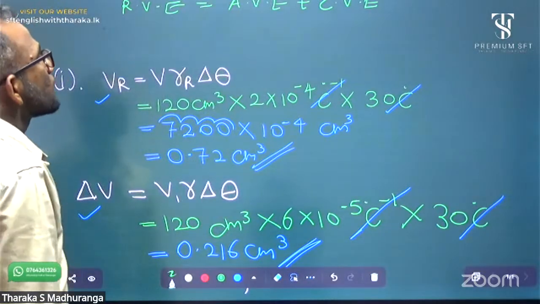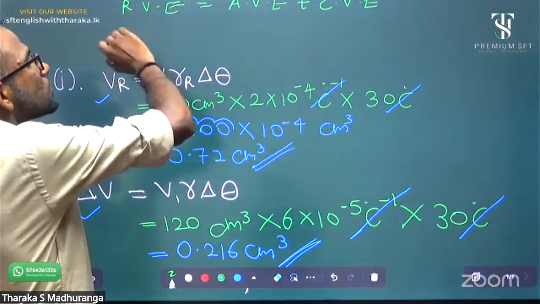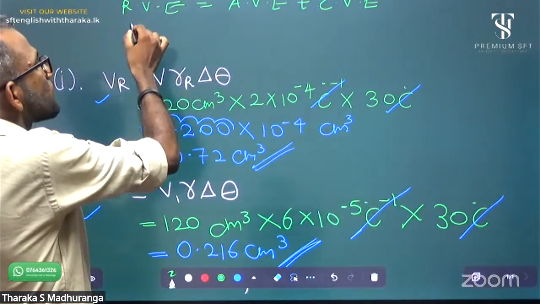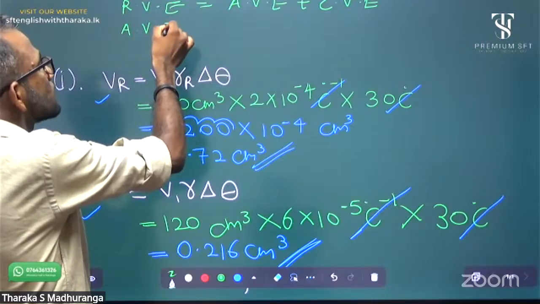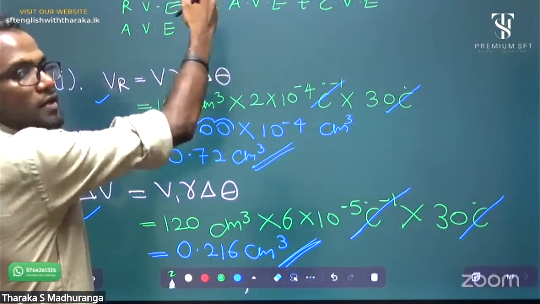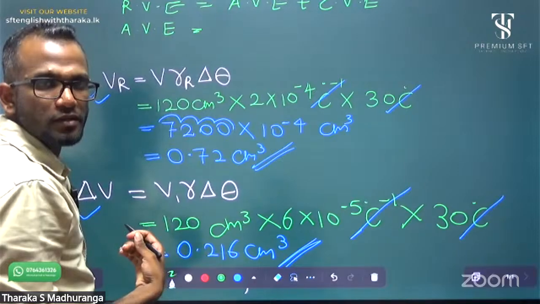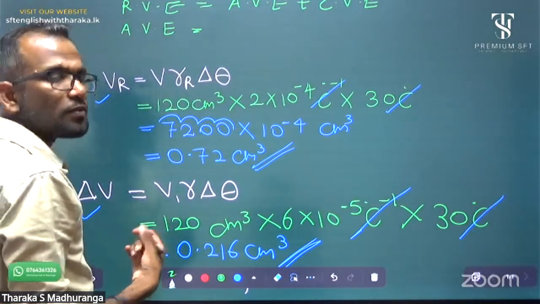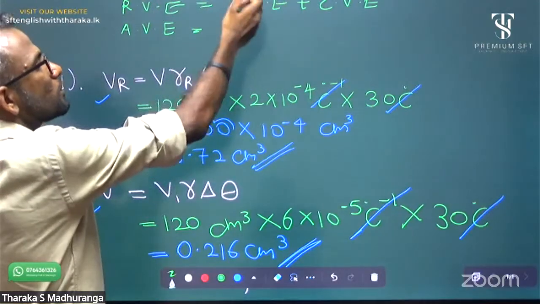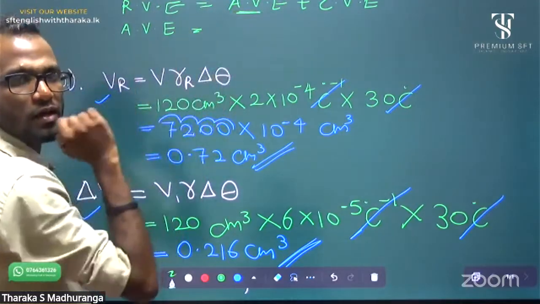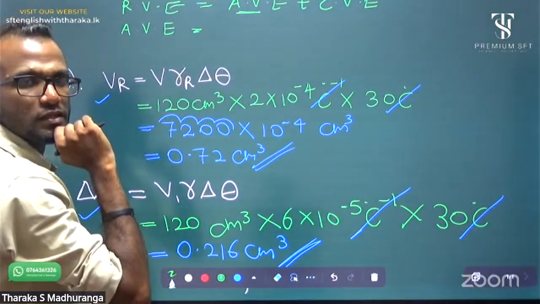Then to isolate the apparent volume expansion, real volume expansion minus container volume expansion. Nabil, your order is wrong. Real minus container gives the apparent volume expansion, right?